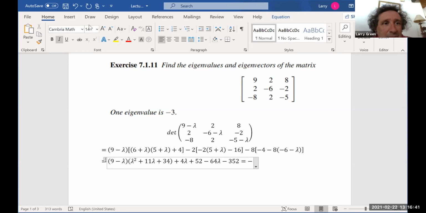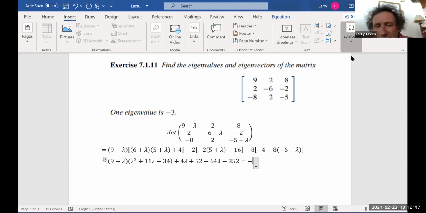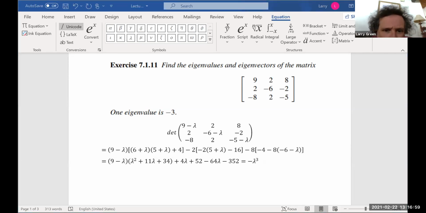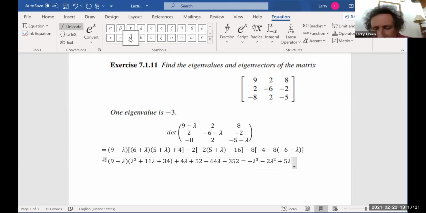Negative lambda cubed, then -2 lambda squared, and then +5 lambda plus 6. Any questions so far?